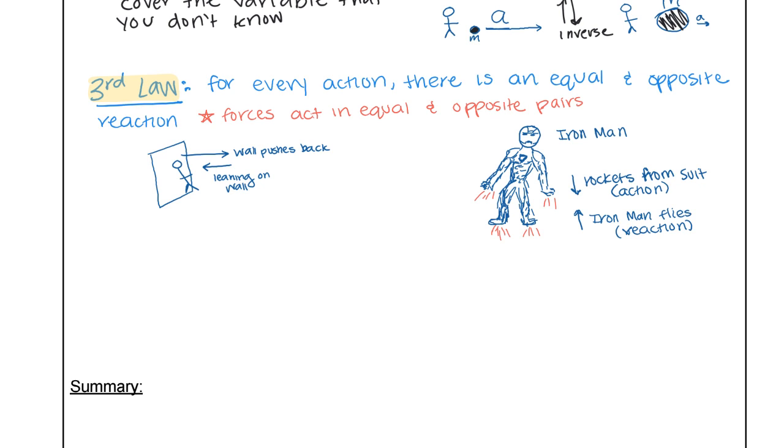So that's what we're getting at with our third law. Forces like to come in pairs, right? Weight force and normal force. Here's an example. If you're leaning on a wall, I know it's weird to think about, but that wall is actually pushing back on you. So we have our action here of you leaning on the wall, and the reaction is that wall keeps you upright.